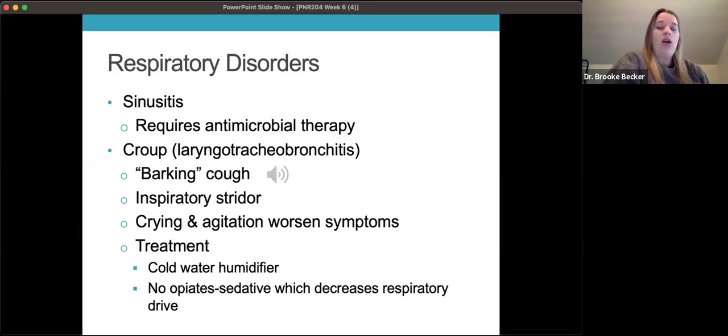If kids are doing okay with croup, then parents can try to manage them at home with cold mist humidification. Okay. But the big thing with kids who are already in respiratory distress is you really don't want to use opiates or anything that can sedate them further and decrease their respiratory drive.